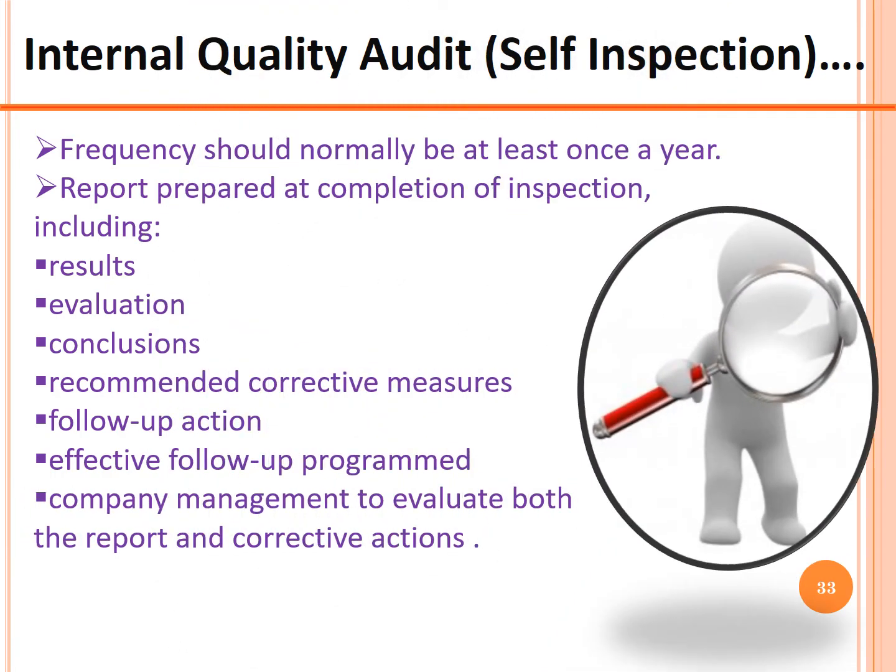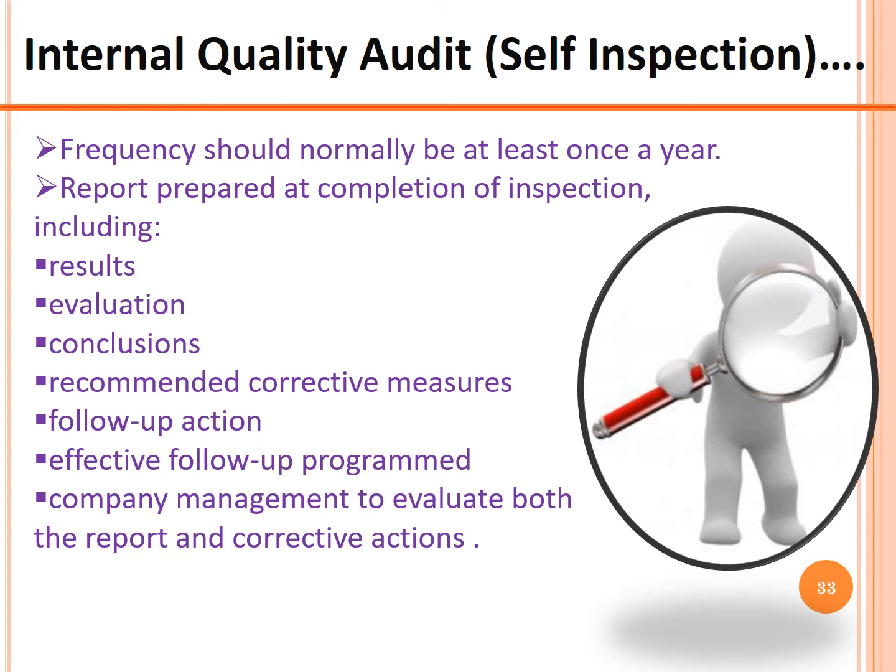Internal quality audit, self-inspection. Frequency should normally be at least once a year. A report is prepared at completion of inspection, including results, evaluation, conclusions, recommended corrective measures, and follow-up action, with an effective follow-up programme.